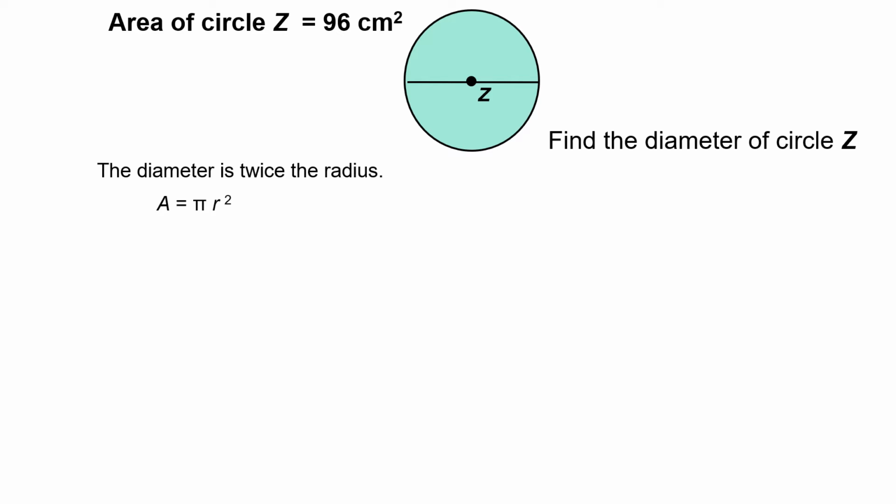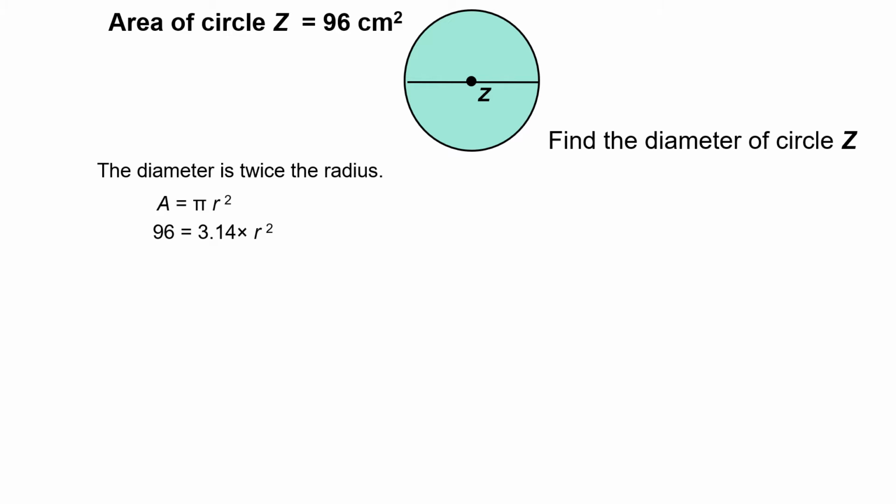Remember, we were given area of the circle Z to be 96 squared centimeters, and our approximate value of pi is 3.14. So in substituting our values for pi and area, we have 96 equals 3.14 multiplied by r squared.